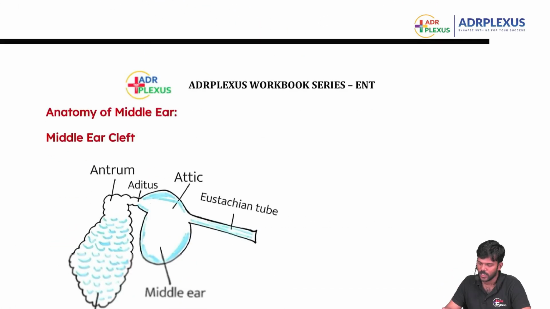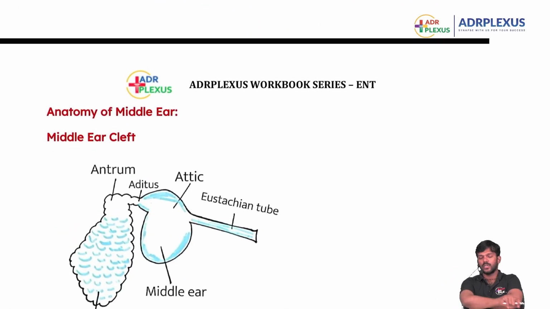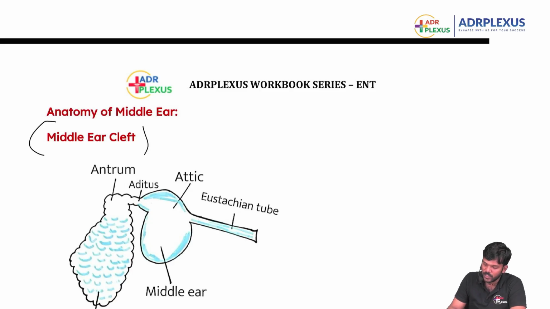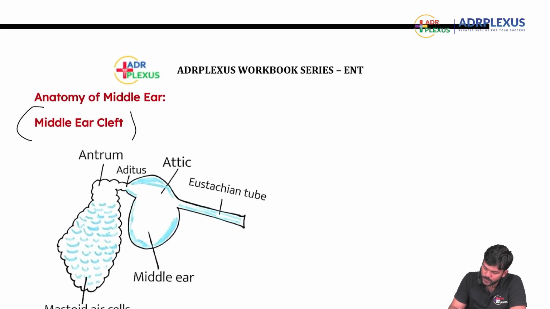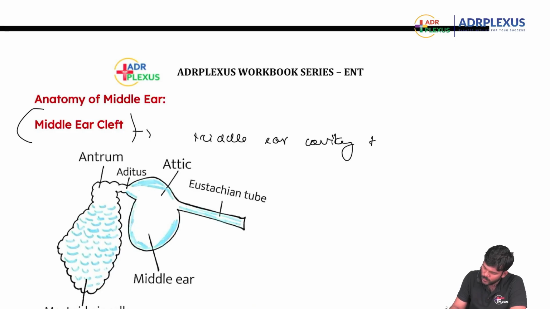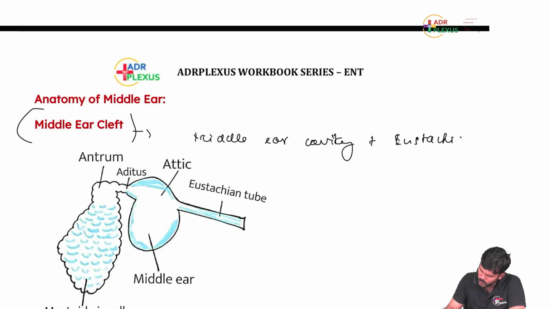Understood? Yes. Now we'll discuss the anatomy of the middle ear. First we have to understand an important term called the middle ear cleft. The middle ear cleft involves the middle ear cavity plus the eustachian tube.